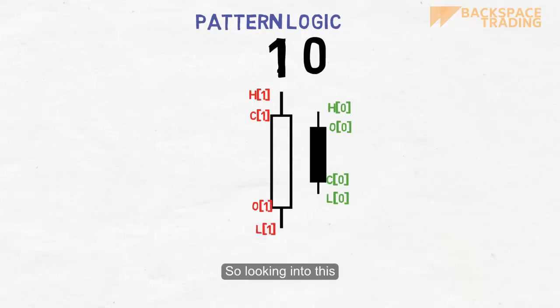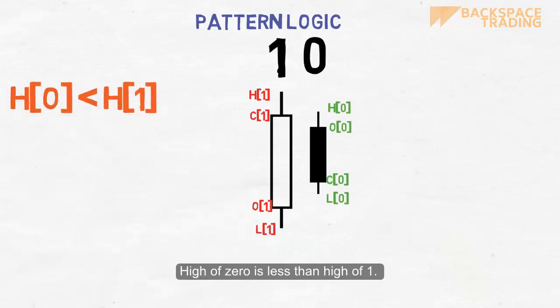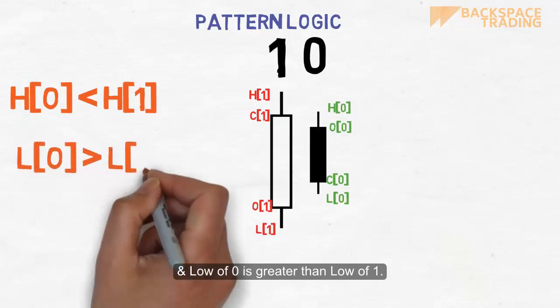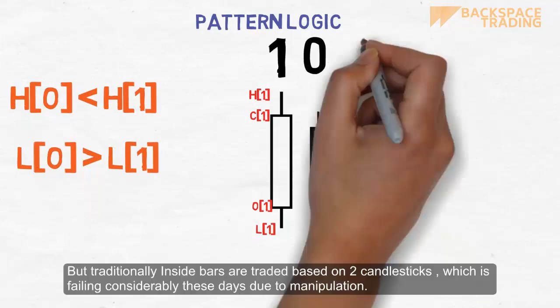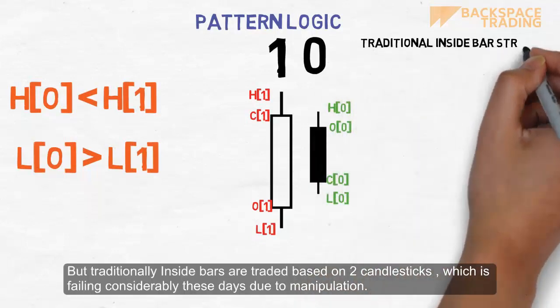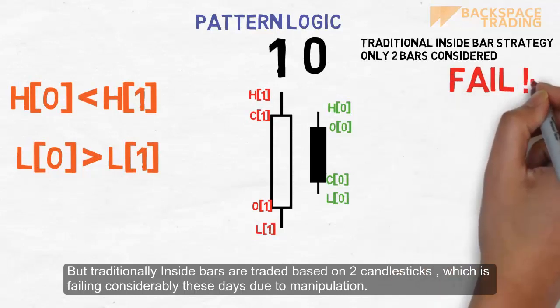So looking into this, high of 0 is less than high of 1 and low of 0 is greater than low of 1. See, traditionally inside bars are traded based on 2 candlesticks, but here it is failing considerably these days due to manipulation. It's a big fail.